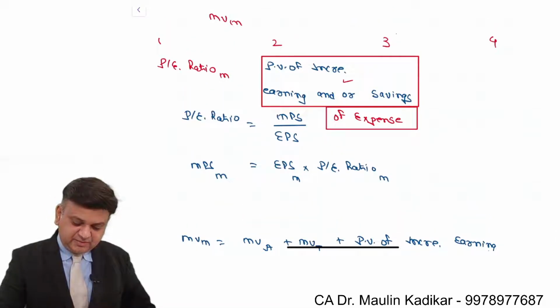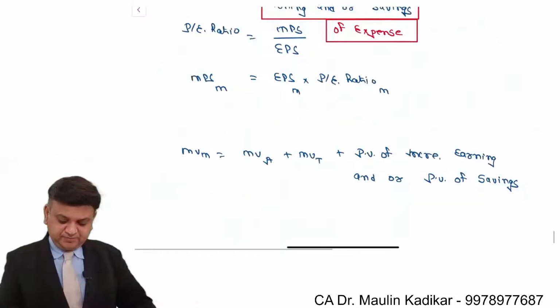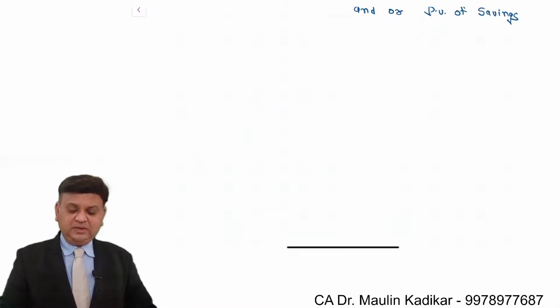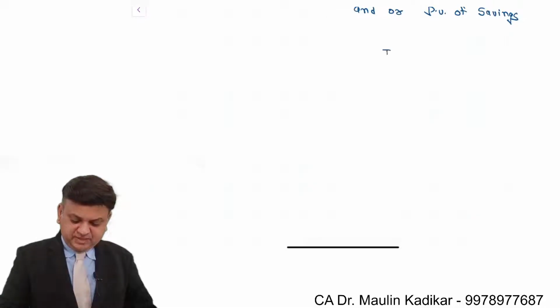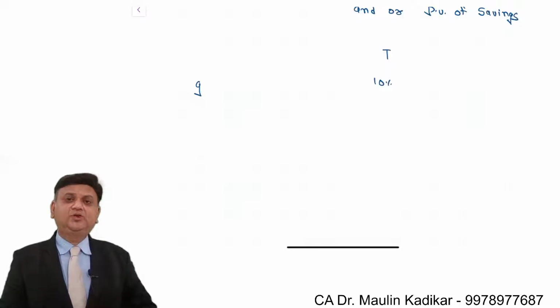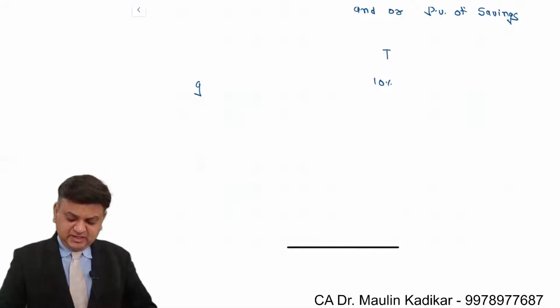The third information that may be provided to us is this. Dear students, we may be provided with information about the target company. Let us say it is growing at the rate of 10% right now. However, there is an expectation that with the merger, the growth rate of the target company will increase, let us say to 12%.